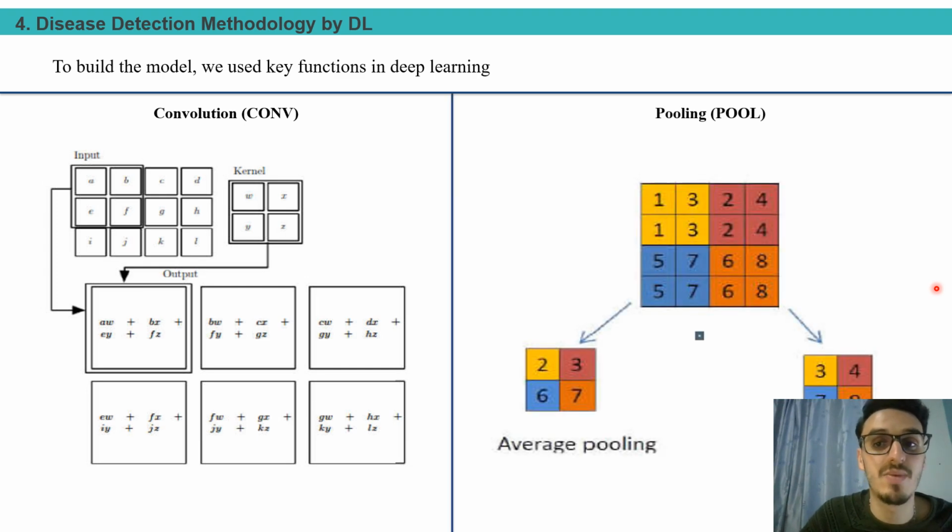Max pooling reduces the size of feature maps, keeping only the most important information while reducing computational complexity.